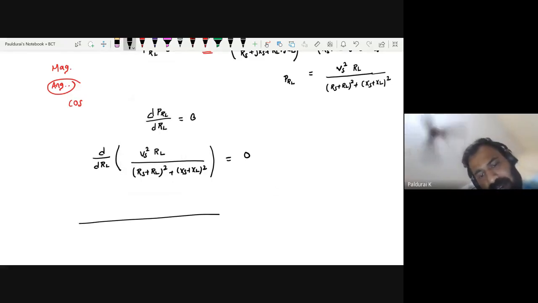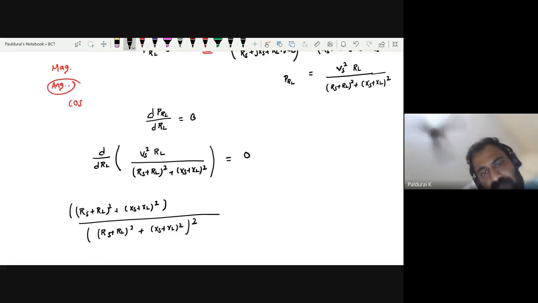So U by V, that you know. V squared, so (Rs plus RL) squared plus (Xs plus XL) squared, you want to keep the denominator as it is, times what is the differentiation of Vs squared RL with respect to RL? It will give you Vs squared.